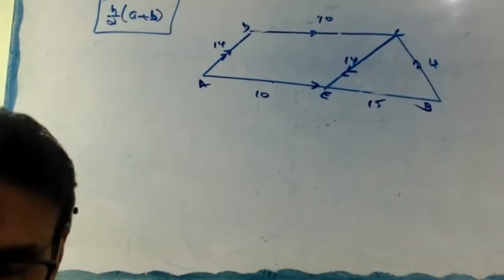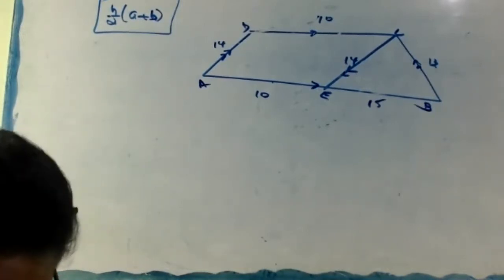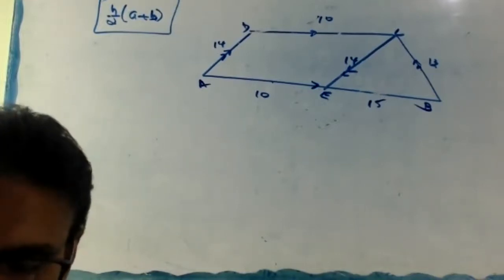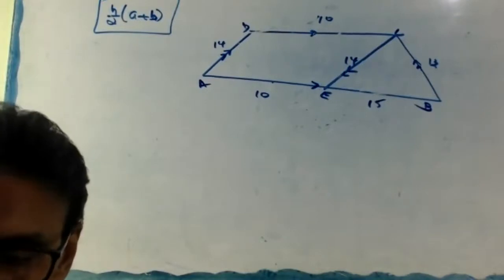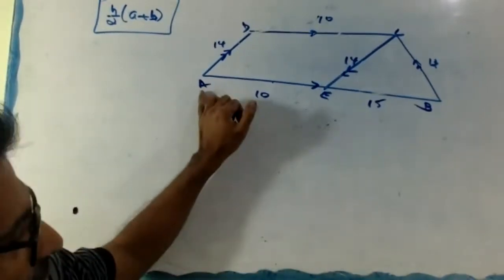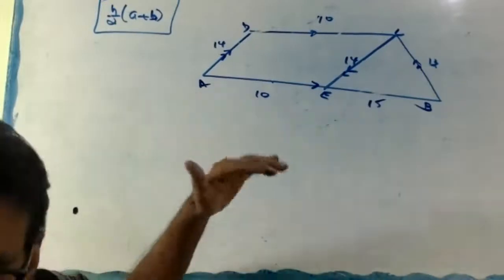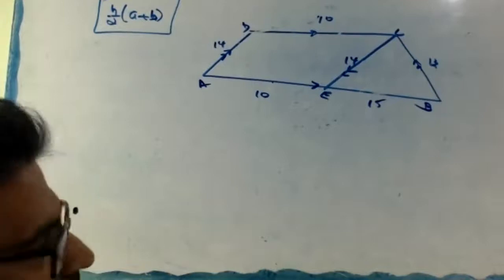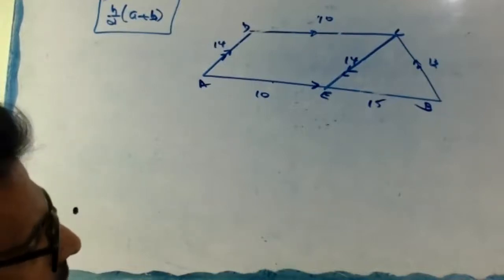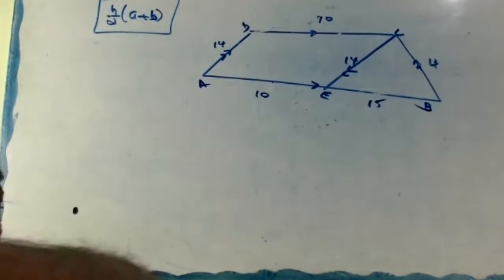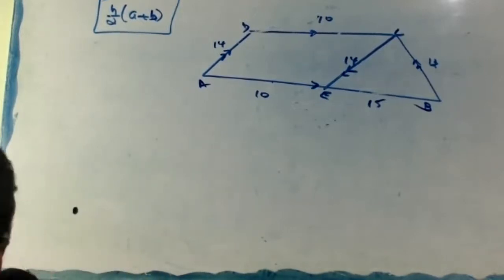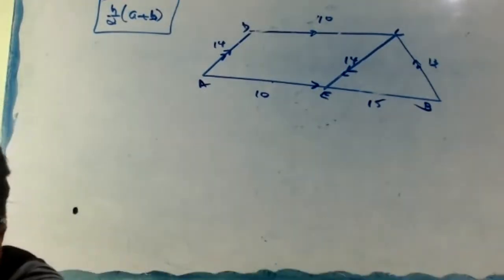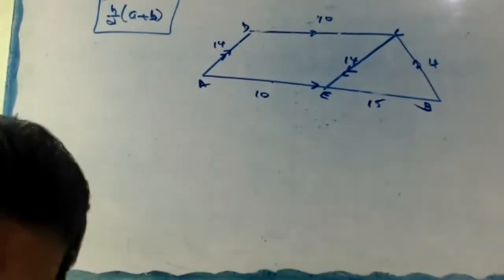If you have a problem, you can check the YouTube video now. You don't need to wait for the complete word-by-word line. Then, therefore, AECD is a parallelogram, in bracket, opposite sides are parallel.